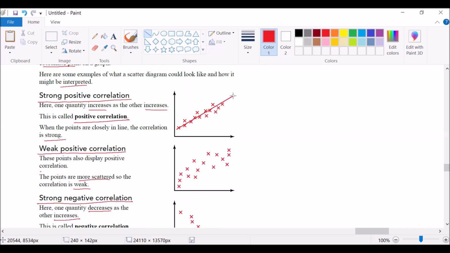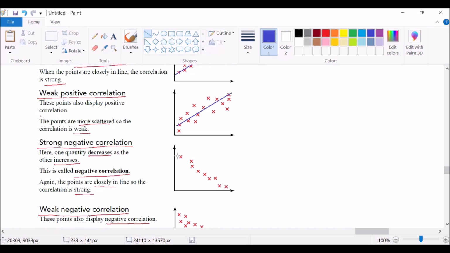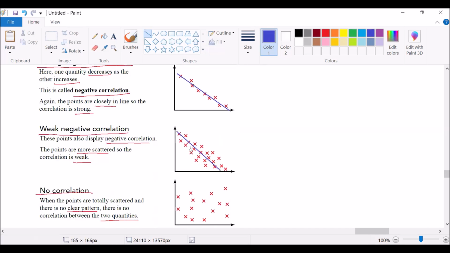So we can use this blue line as a line of best fit there, or this line here, or this line. It is drawn just estimating, making sure that you have more or less the same number of values on one side as the other.